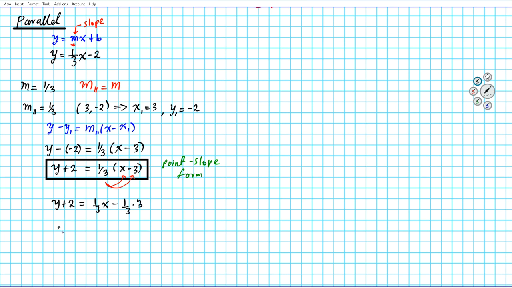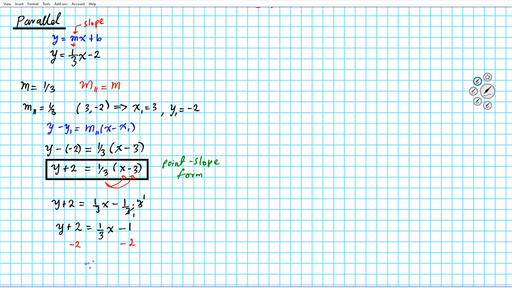All right, and we'll simplify that. We'll have y plus 2 is equal to 1/3 x. And then you can divide this out. 3 goes here, 1, 3 goes here, 1, minus 1. And then the final step to isolate y is you subtract 2 from both sides of the equation.